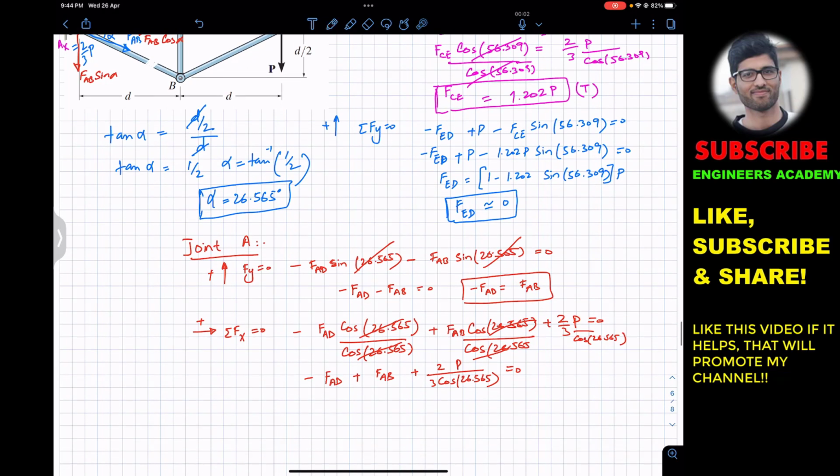Now we know that minus FAD is FAB, so we can replace this minus FAD with FAB. So we can write this as FAB plus these same terms.